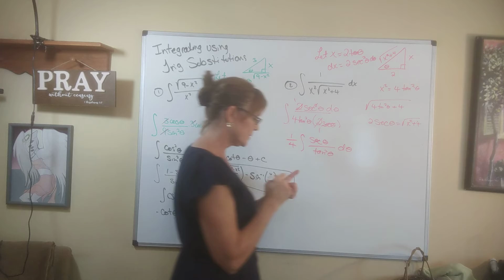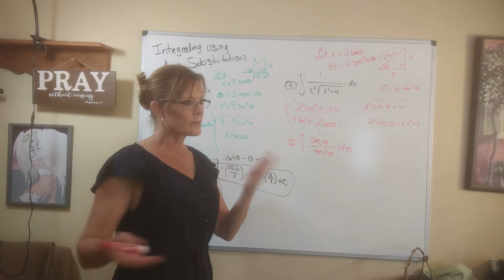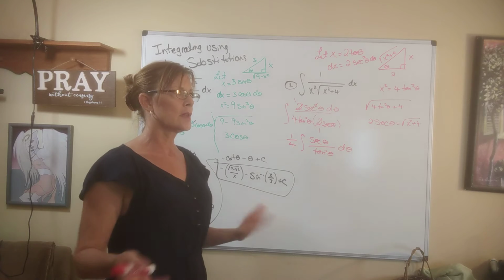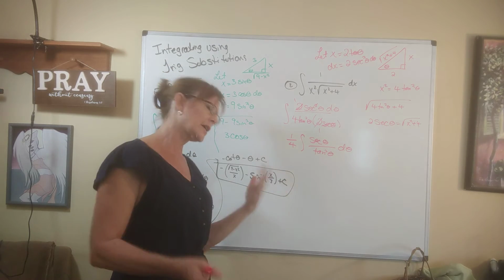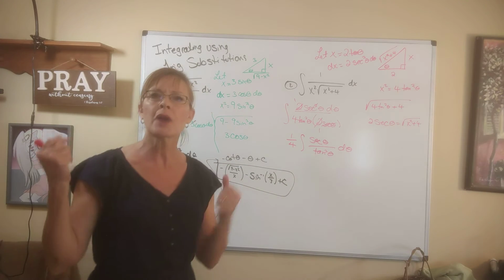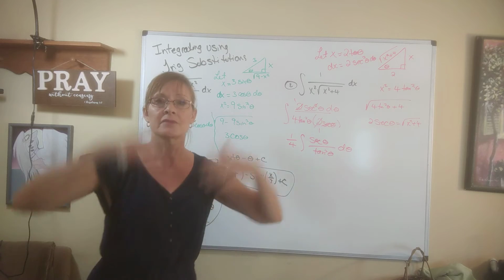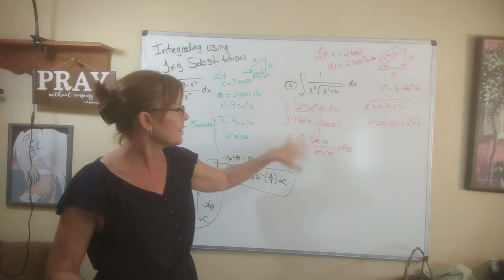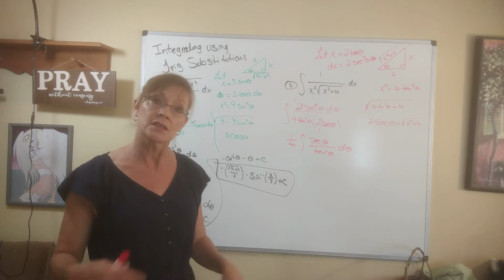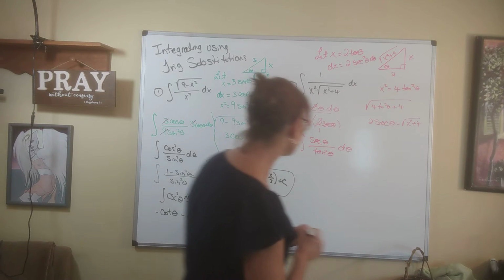Now, I don't always know exactly how to proceed. What ran through my mind was, okay, I know that tangent squared plus 1 is secant squared. I could write everything in terms of secant, but the problem is derivatives of secant involve secant and tangent, and I just got rid of my tangent. So I'm thinking, what else could I do? I'm going to break this down into sines and cosines and see if that helps me. So let's try that.